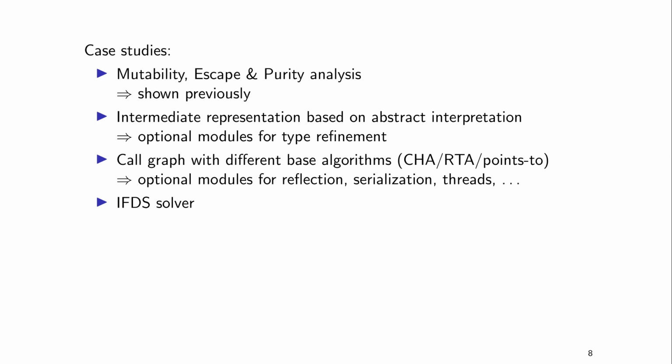Our call graph case study consists of different base algorithms such as class hierarchy analysis, rapid type analysis, and a context-insensitive points-to analysis that can be extended with individual modules for language features such as reflection, serialization, threads, and more.